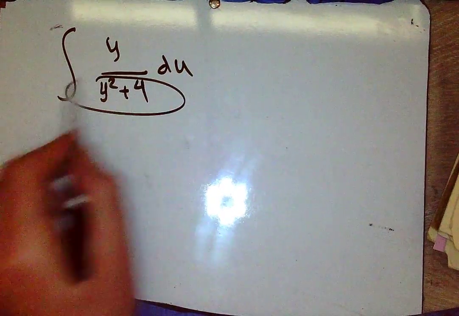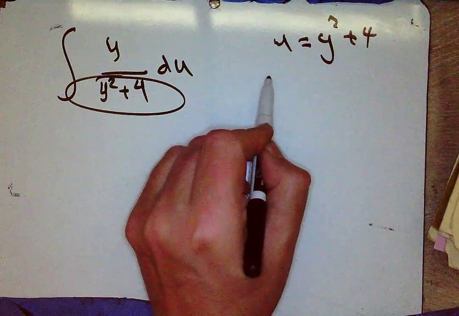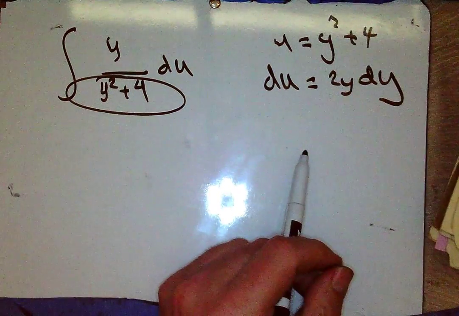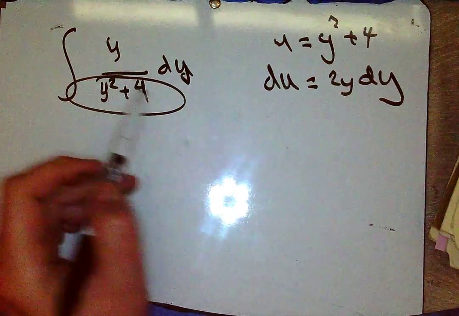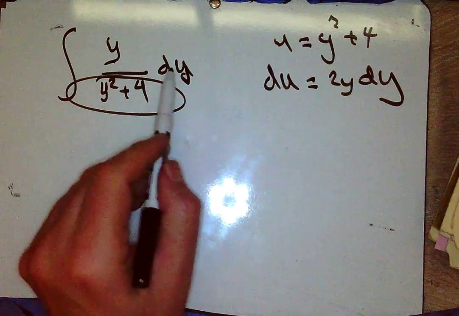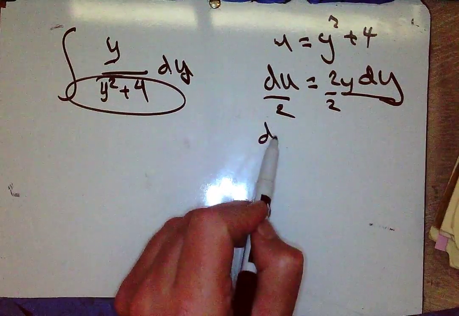You know, I like taking all of that. So, I've got a y dy, divide both sides by 2.